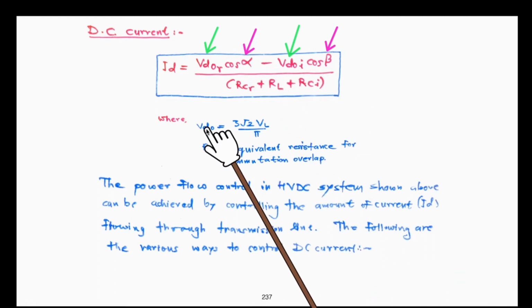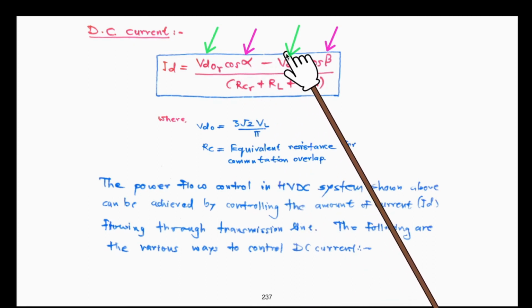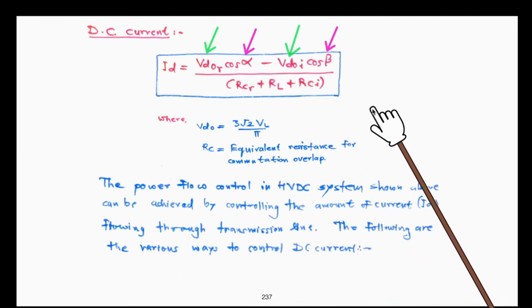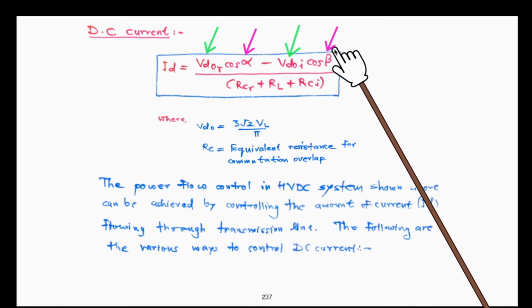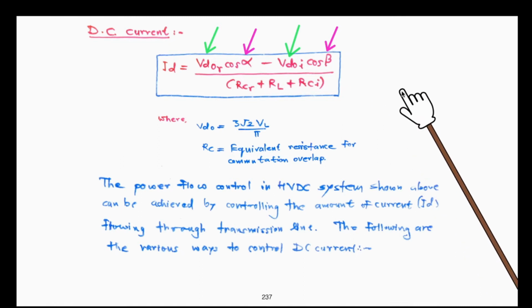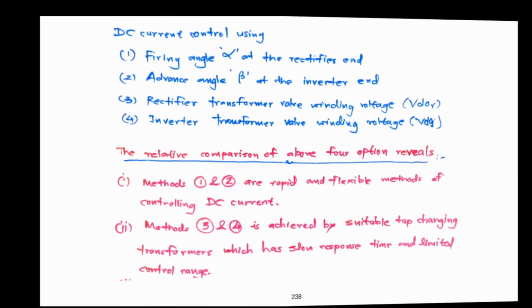Here you can clearly see two methods which are based on tap changing control. These are slow and of limited range, and two methods which are very fast and give full control range from rectification to inversion. So this is the idea. You have to understand how DC current can be controlled and what their relative comparisons are.